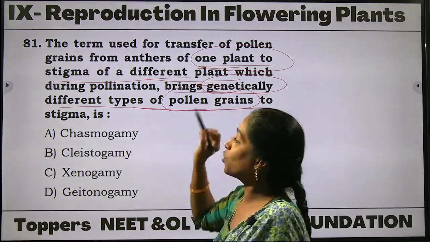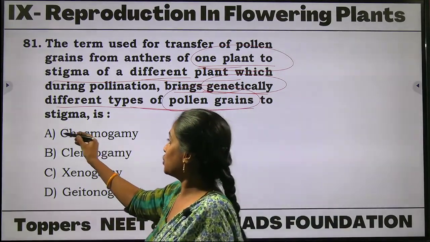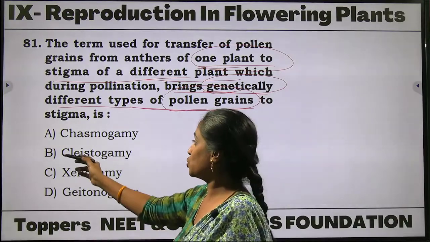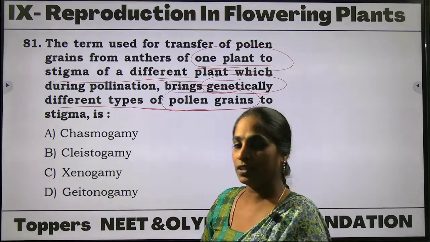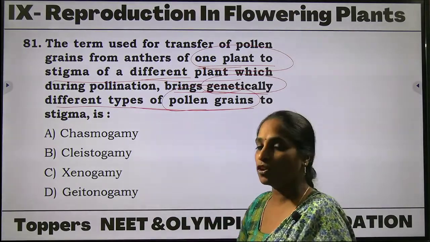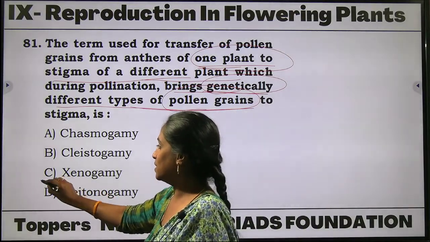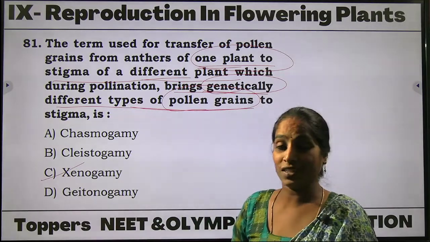So this process is called: chasmogamy, cleistogamy, xenogamy, or geitonogamy? Which one will be the correct option? Option C will be the correct option, xenogamy.